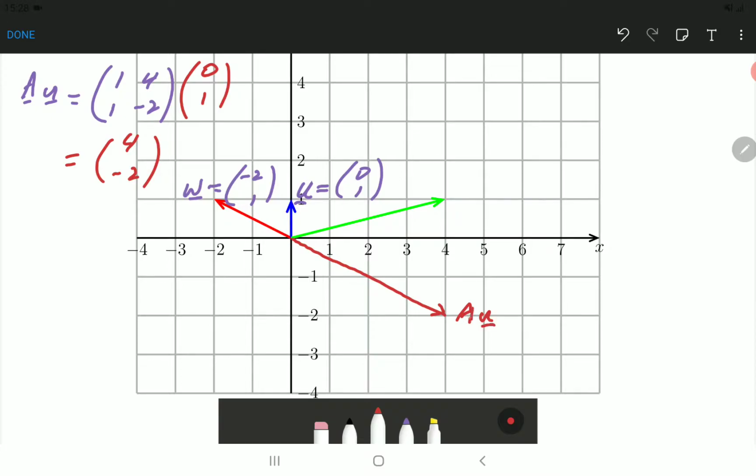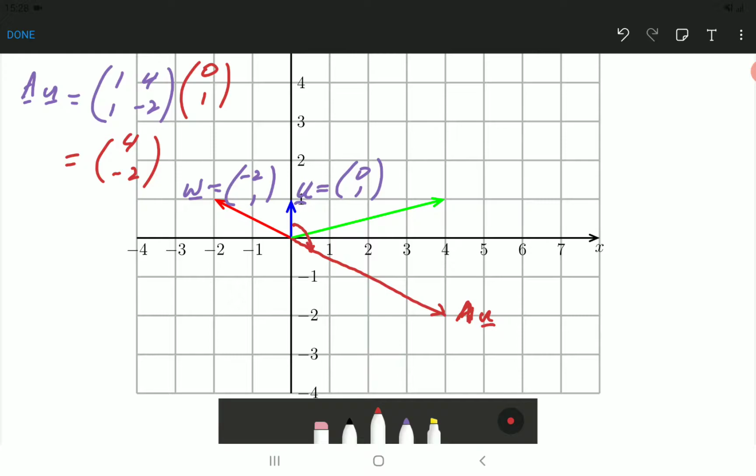Just for comparison, the first thing we notice is that the magnitude of u has been altered, and also its angle has been altered, because u is along the 90-degree line, but Au is in the fourth quadrant.